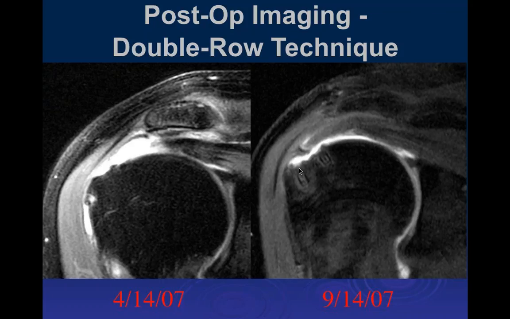So from what I read in the literature, double row is not of any better result producing than a single row. The main thing is you have to tie the sutures down.